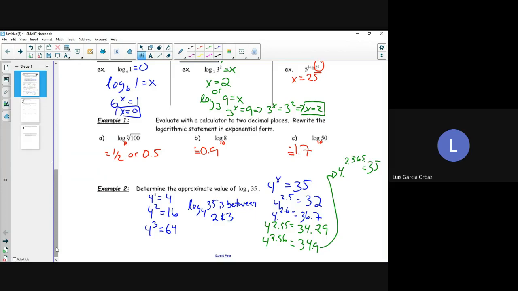Which means log base 4 of 35 is equal to approximately 2.565.